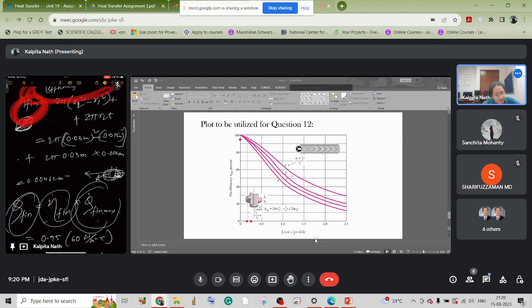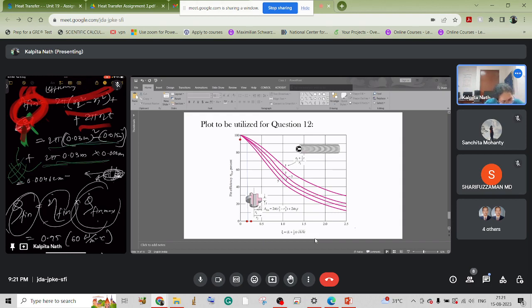For the fin, if this is the annular region, there will be heat transfer from this portion and this portion as well, and the top area of the fin.